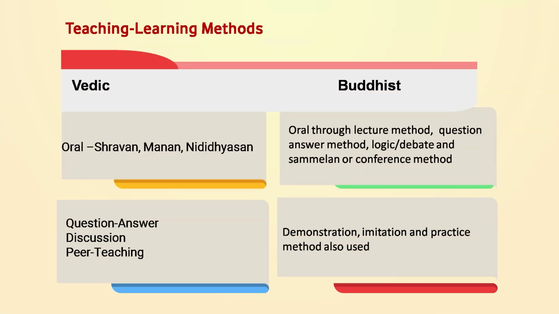When it comes to the teaching and learning methods, you cannot see much difference between the methods of teaching as well as learning used in the Vedic as well as Buddhist period. In the Vedic period, the learning process is based on three processes: Shravana, Manana and Nididhyasana.